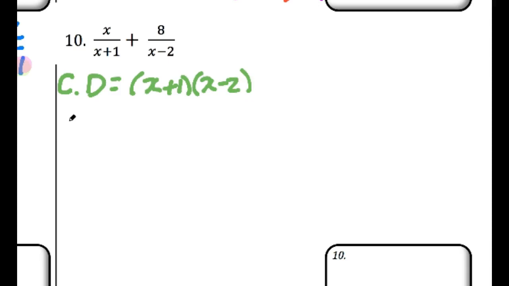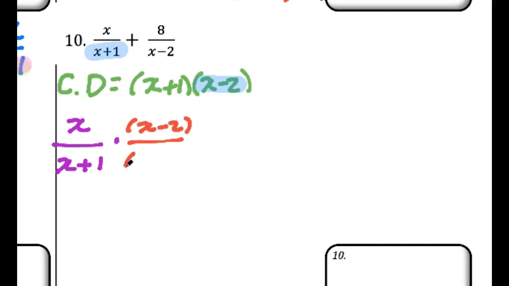With the first fraction, the x over x plus 1, you're going to multiply that by what it's missing. The x plus 1 right here is missing x minus 2. So we're going to multiply that whole fraction by x minus 2 over x minus 2. And I did a similar thing in the first problem.